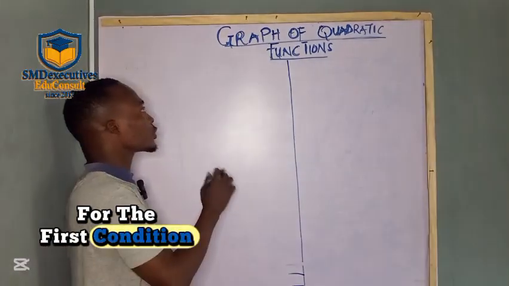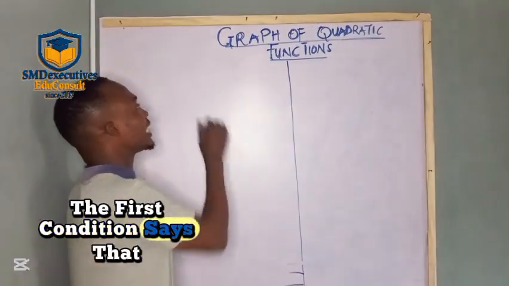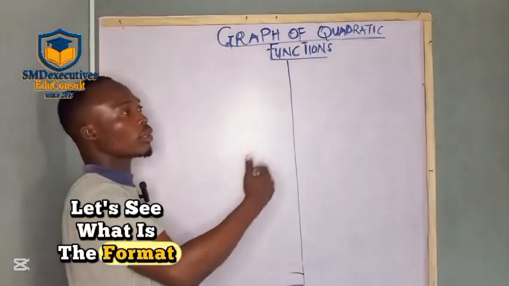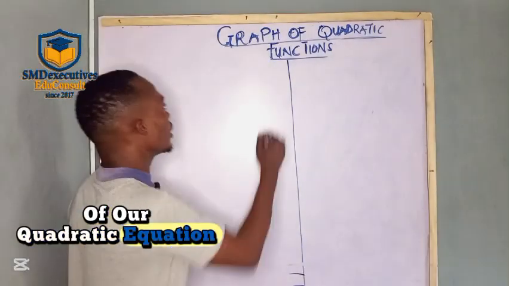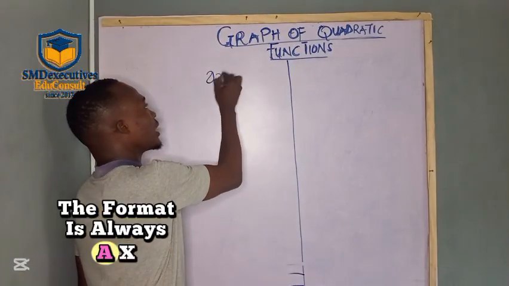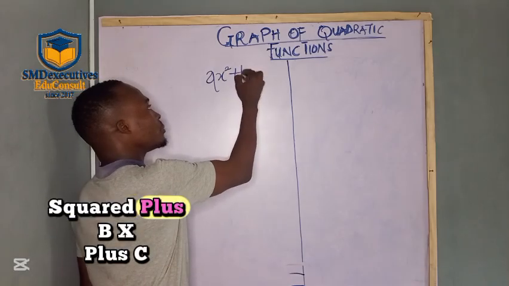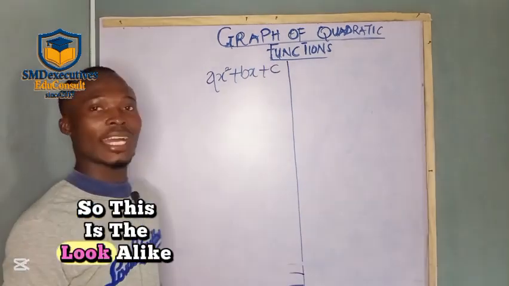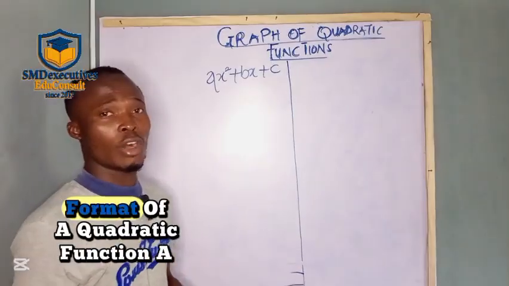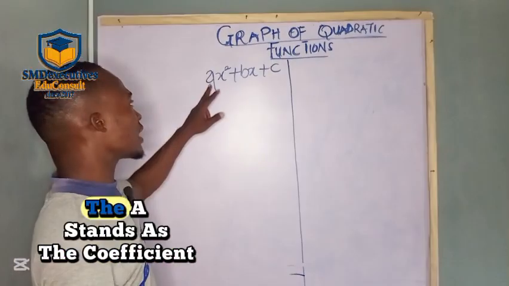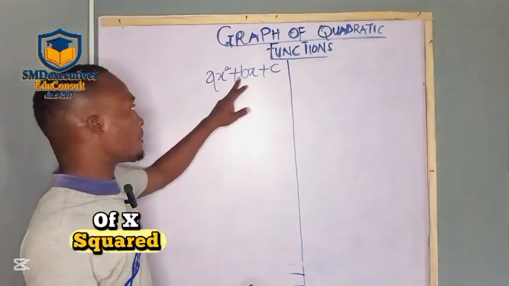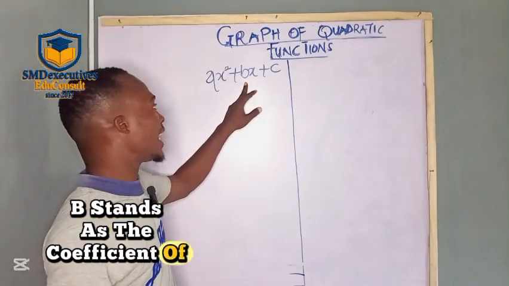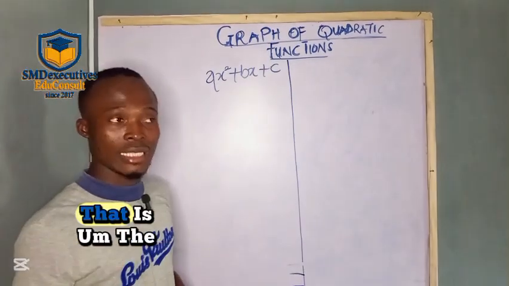Now, for the first condition, let's see what the format of our quadratic equation is. The format is always ax squared plus bx plus c. So this is the format of a quadratic function. a is the coefficient of x squared, b is the coefficient of x, and c is the constant.